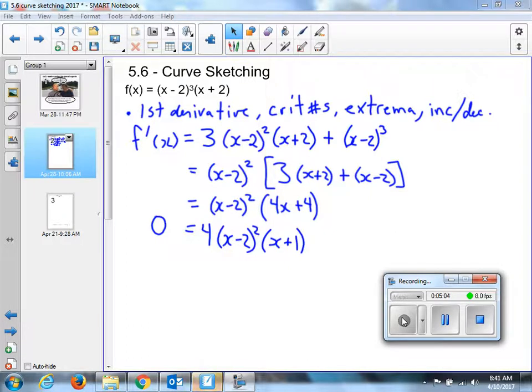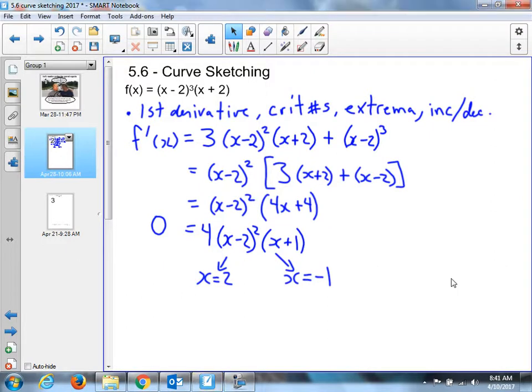If x minus 2 equals 0, that'd be positive 2. So there's a critical number, a possible extreme. And x equals -1. We'll see if it's an extreme. What's the best way to examine this so we can figure out what the extrema and increasing, decreasing intervals are?